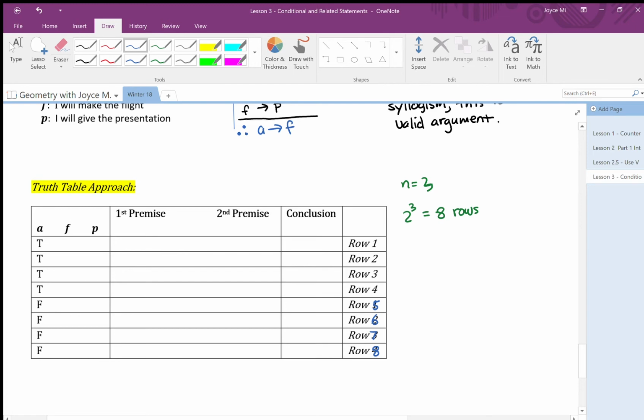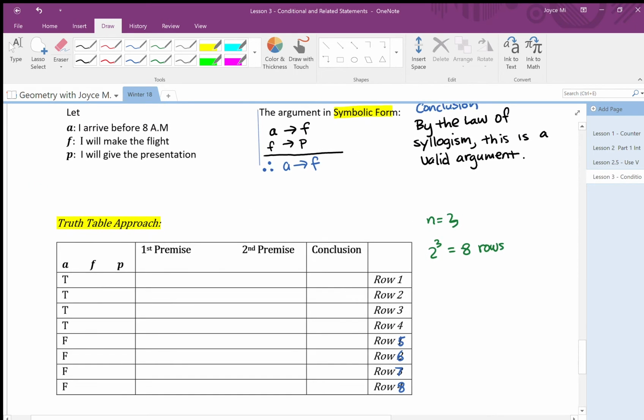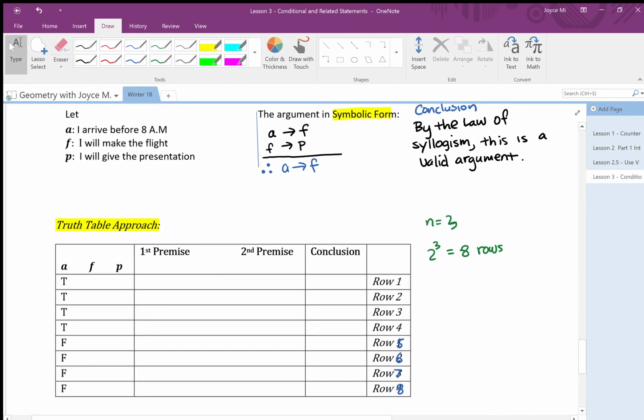Now to set up using the truth table, I need to set up my premises. I write down my premises on the right hand side. Then I also write down my conclusion. So I need the first premise, which is the first piece of your evidence that you use to make the conclusion. You can think of it that way. So it is A implies F. I'm going to leave some space, okay?